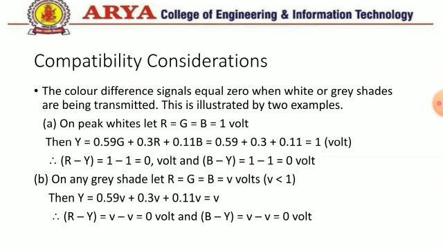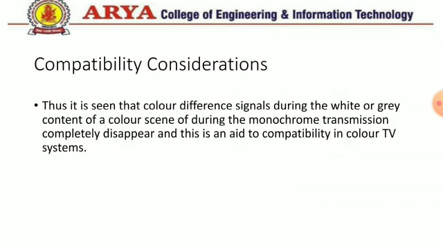So we can see these two cases, when the value of the three colors is equal to 1 volt and when the value of the three colors is less than 1. Thus it is seen that color difference signals during the white or gray content of a color scene, or during the monochrome transmission, completely disappear, and this adds to compatibility in the color TV system.